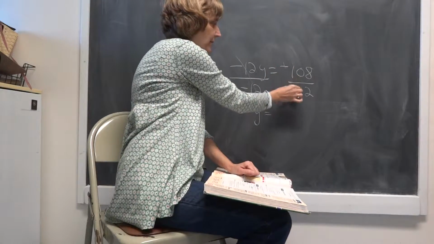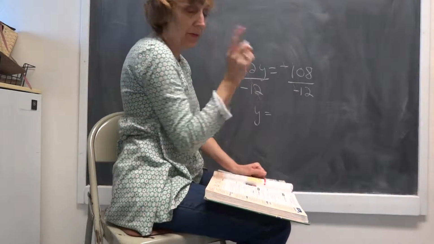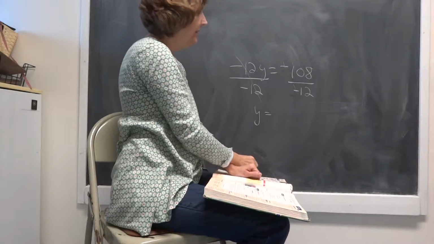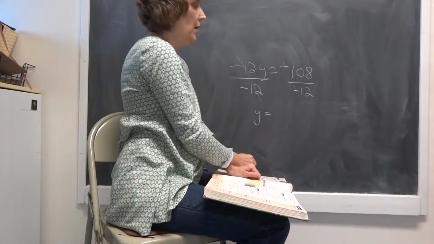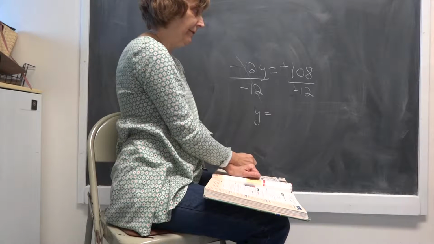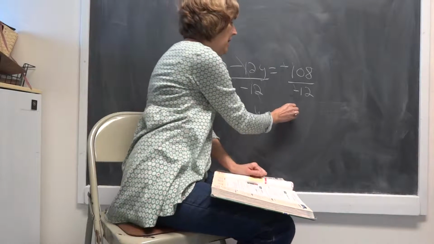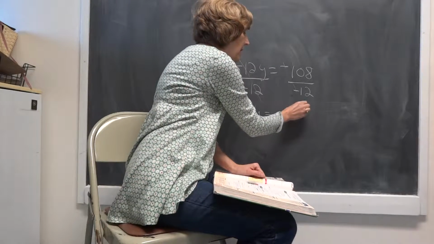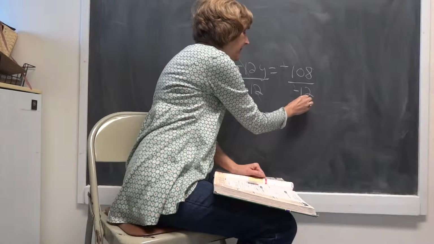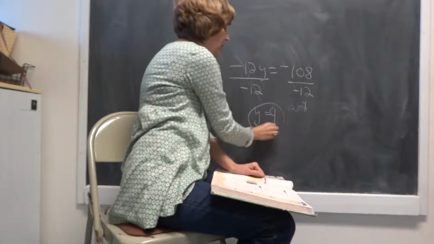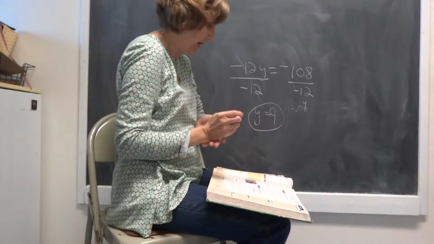And the negatives cancel out, so the answer is going to be positive, because a negative divided by a negative is a positive. 12 goes into 108, I believe, 6 times, 7 times, I don't know my 12 times very well. 9 times, that's right. So y equals positive 9.